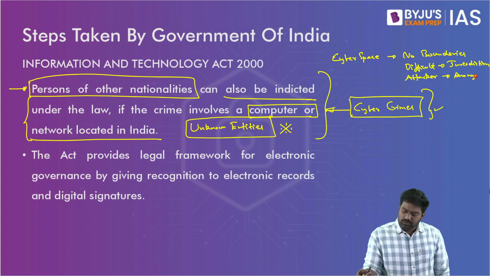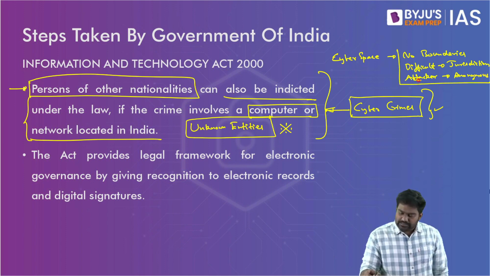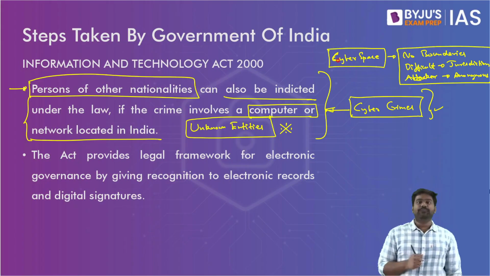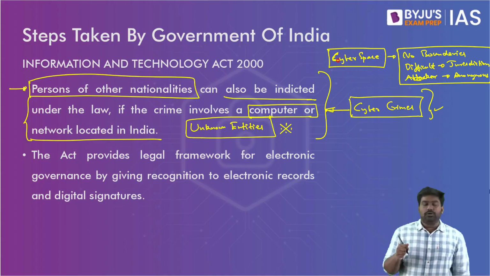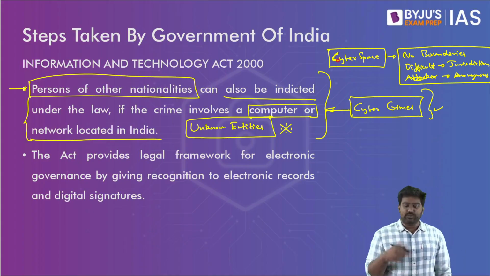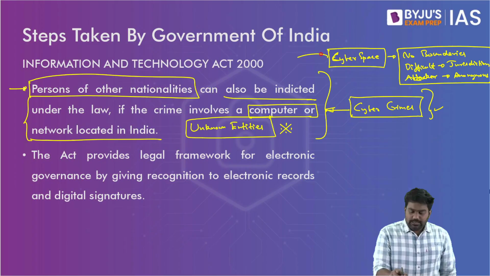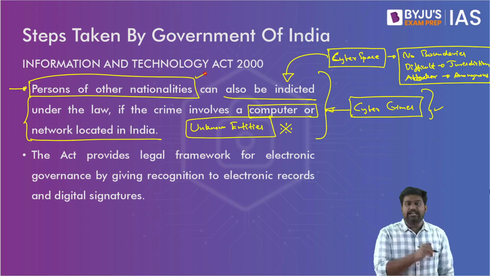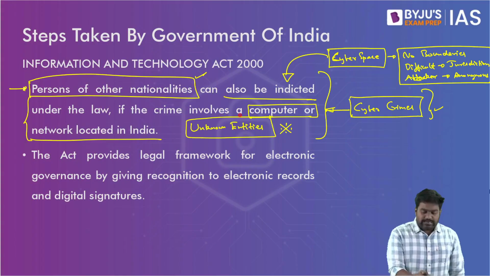You don't know who the attacker is. Is it an individual? Is it a group? Where are they carrying out the attack from? Because they would have masked their identity, their location, and their IP address. So to account for these unique features of cyberspace, the law provides for pressing charges against foreign nationals as well as unknown entities.